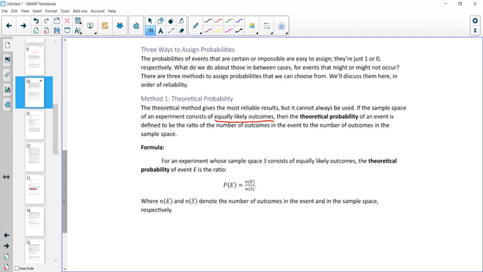So our formula is, for an experiment whose sample space S consists of equally likely outcomes, the theoretical probability of event E is the ratio, the number of outcomes in event E over the number of outcomes in the sample space.